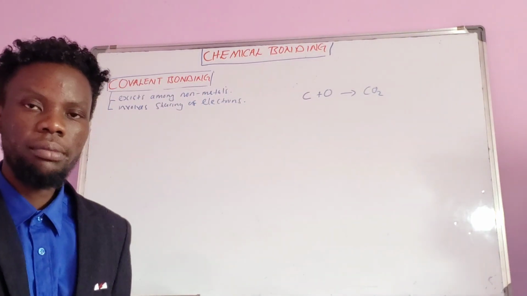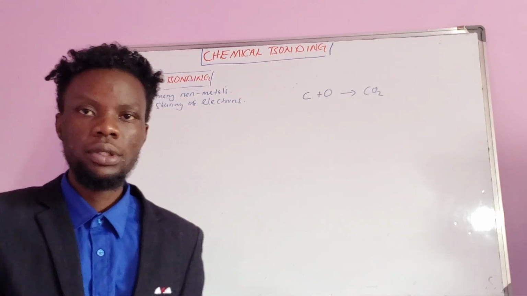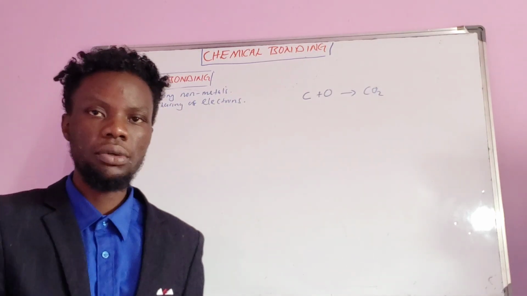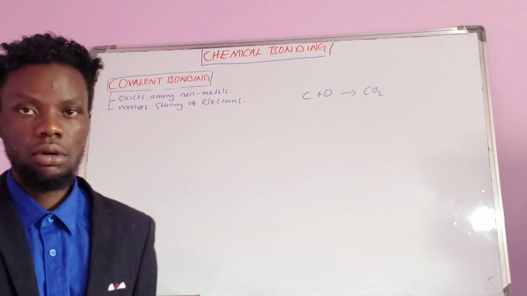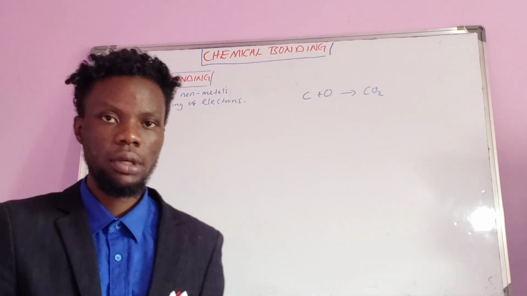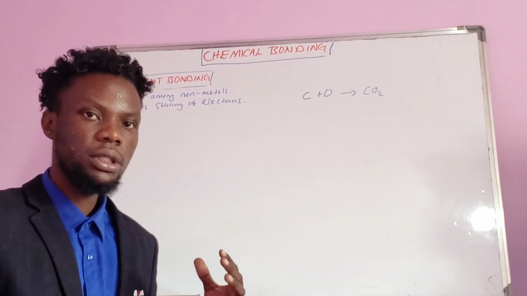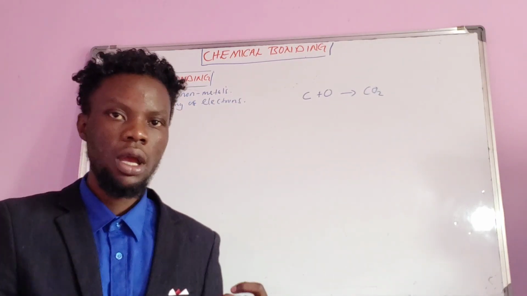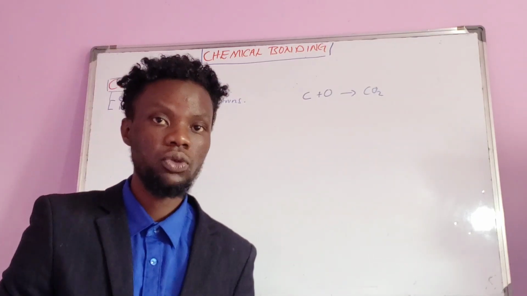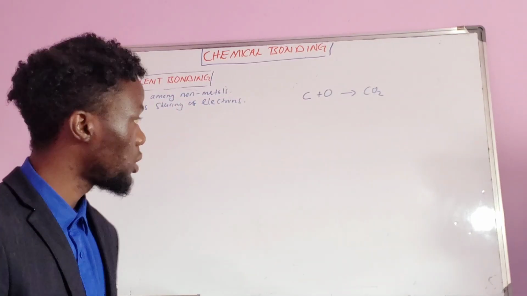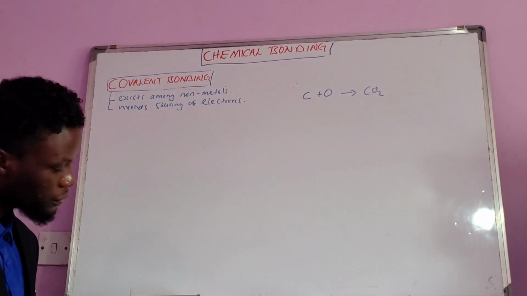If you try to compare with ionic bonding, remember that ionic bonding involved the transferring of electrons from a metal atom to a non-metal atom. Now, in covalent bonding, it's just the opposite. Two atoms are going to be sharing electrons in order for them to be stable. We need to remember that.